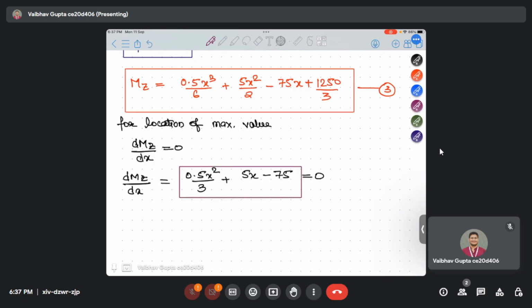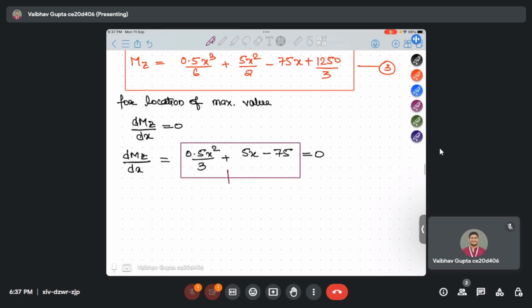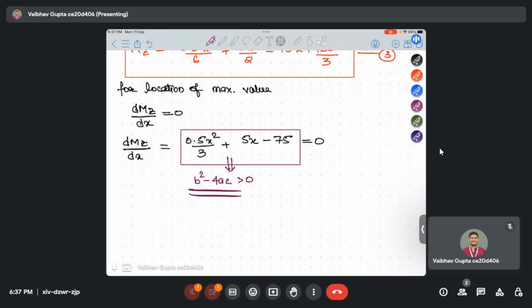To find the roots, as per the quadratic formula, b square minus 4ac should be greater than 0 for getting real roots.